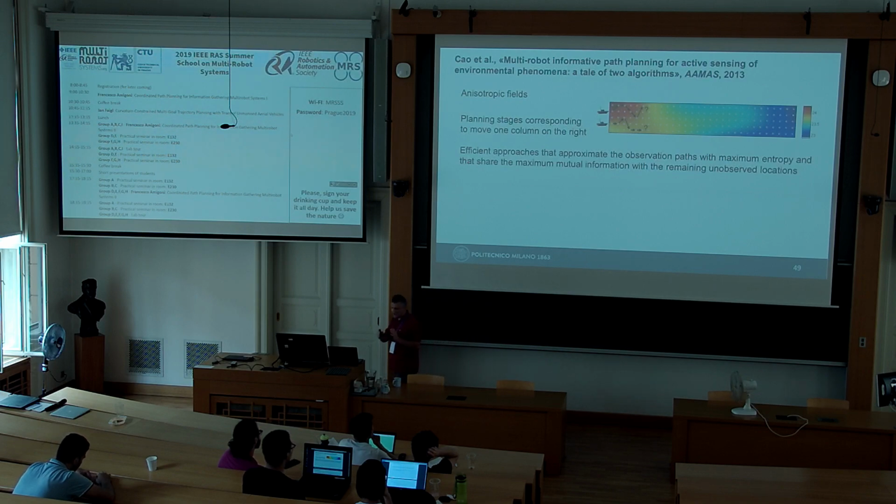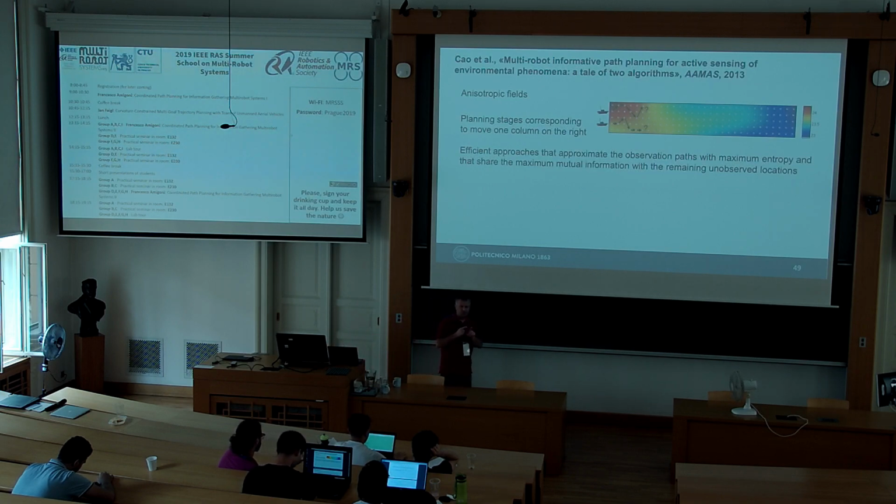So we can just move one column to the right, okay, and every time we can add a single step to the plans of the two robots. Since we are planning for just one step, it is not so expensive to plan jointly for the two robots, okay?